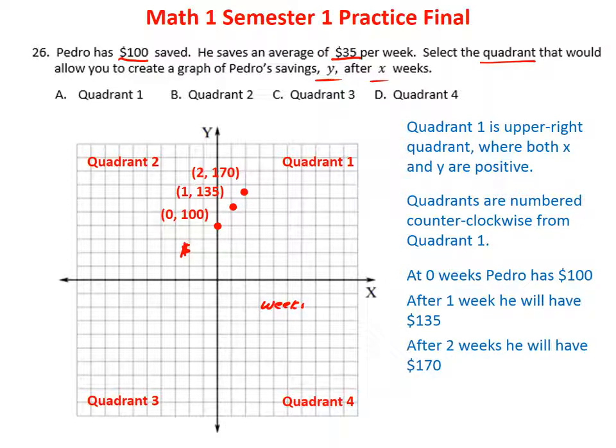And then after 2 weeks, and you can see where this is going. Each week it's going up. And where are all of his answers? They're all here in quadrant 1. In quadrant 2, we would have negative weeks. 2 and 3 would be out. And likewise, quadrant 4, we don't have negative dollars. So the answer is A.